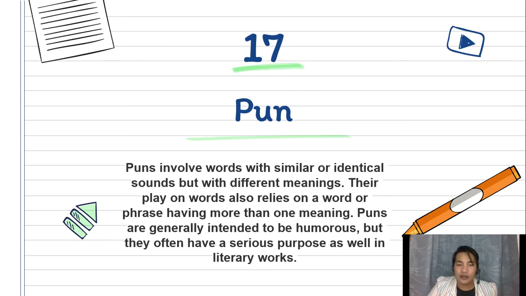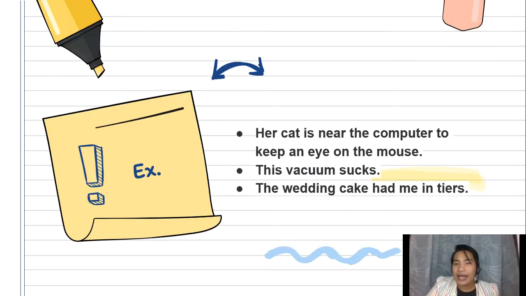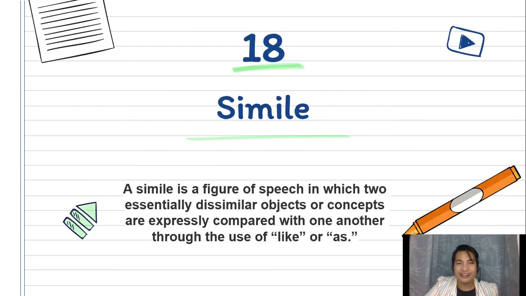Puns are generally intended to be humorous, but they often have a serious purpose as well in literary works. For example, her cat is near the computer to keep an eye on the mouse. Or another one is, this vacuum sucks. Also, you could say, the wedding cake had me in tears.